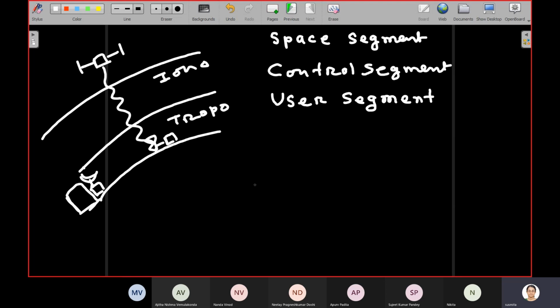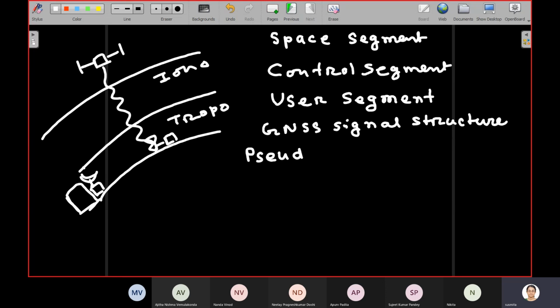Okay. Now, let's also briefly talk about this GNSS signal structure. Again, I will not go into much detail. The signal has three components. The first one we call pseudo-random code.